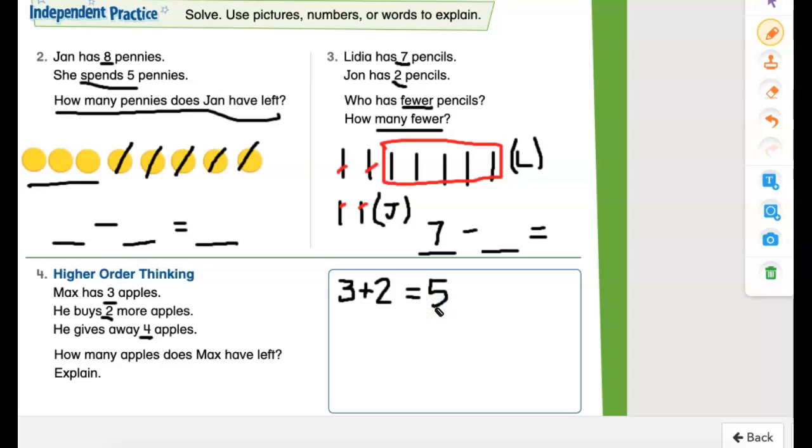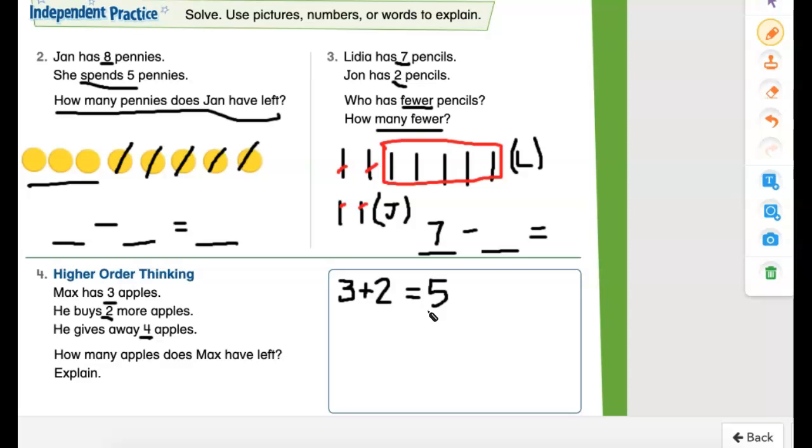So Max has 5 apples. He gives away 4 of those apples. So our total number of apples right now is 5. If Max gives away 4 of those 5 apples, how many does Max have left?